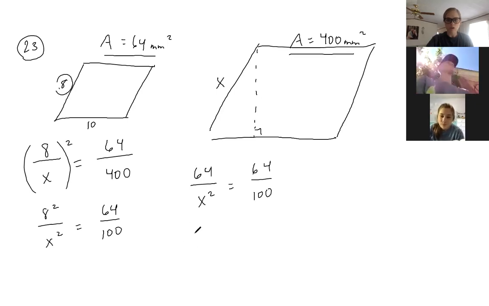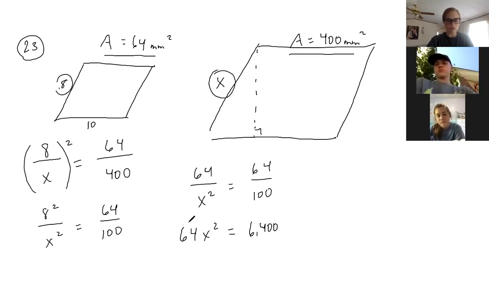So 64 times x squared is equal to 64 times 100, which is 6,400. We're solving for x because we've got to find one of the sides first before we can write a ratio of the corresponding sides. So divide both sides by 64. x squared is equal to 100.